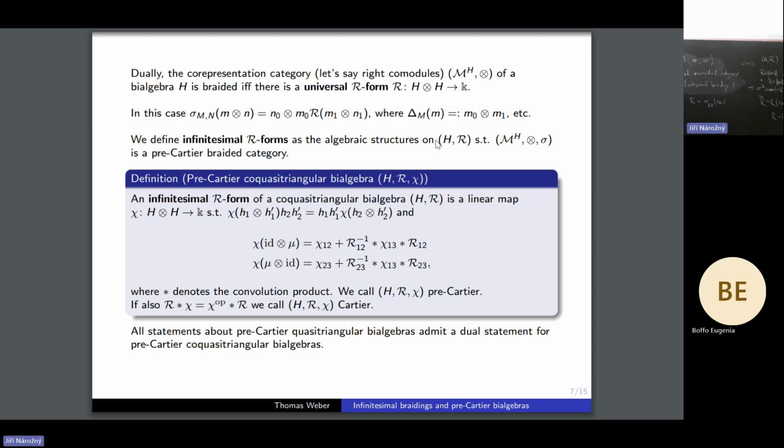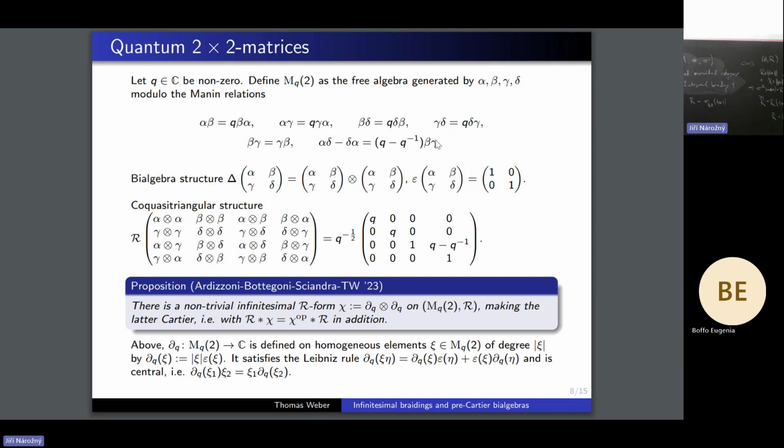And then we also call this a pre-Cartier coquasitriangular bialgebra. Everything that I said about cocycles and coboundaries also works in this dual setting. It's really just the same thing with reversed arrows. Okay, next slide, please.